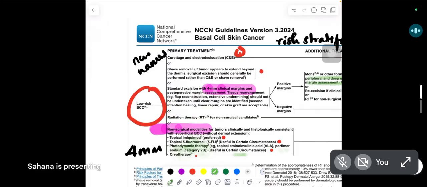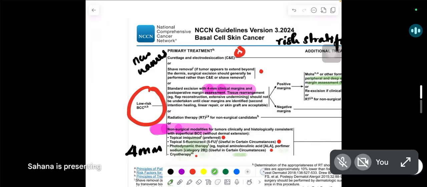Here, some of the options of local therapy are curettage with desiccation, shave removal, or standard excision with margin. You can give radiation therapy. Non-surgical options can also be tried for low risk.